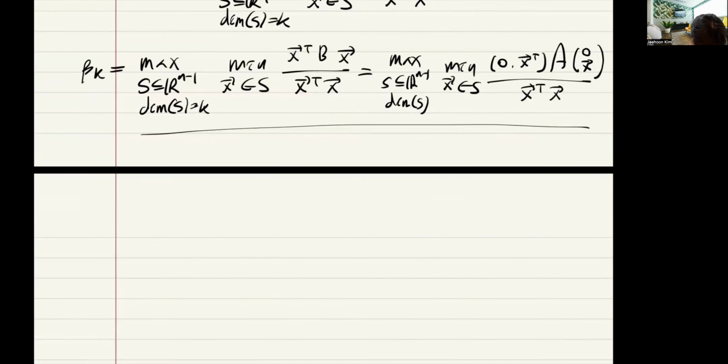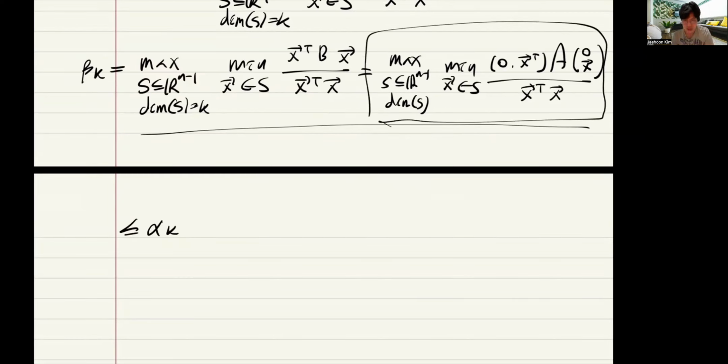But what do we know? The last expression is at most alpha k. Why? This is taking the maximum over a restricted family of subspaces.